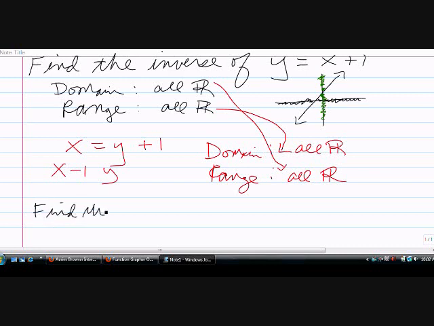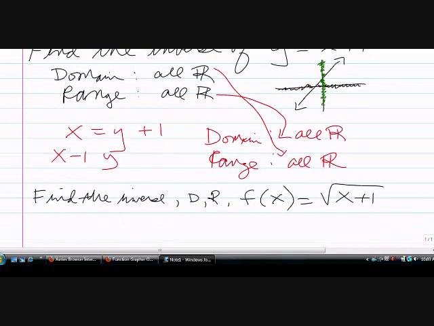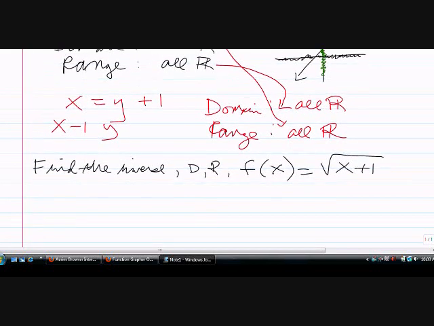All right, let's do the same thing for a square root. So we're going to find the inverse, and domain and range for y equals, maybe I'll make this f of x so that you have practice with that. f of x equals the square root of x plus 1. Okay? Let's figure out my domain.